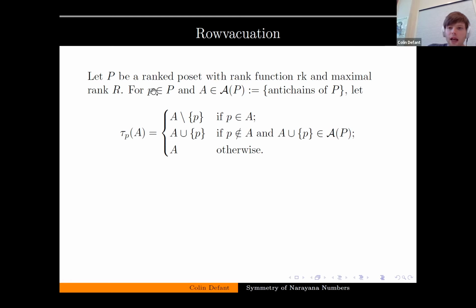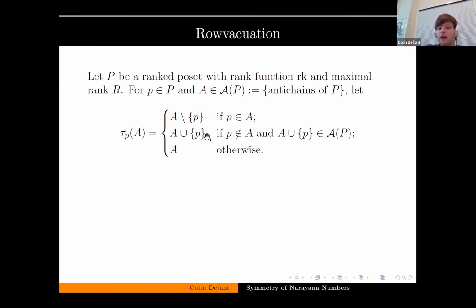Now, if we take some element little p in our poset and some anti-chain A, we can do what's called toggling A at p. I wrote it out in symbols, but really we're trying to transform A into some other similar anti-chain. If the element little p is in our anti-chain, we just take it out. Just get rid of p, and then we have some new anti-chain.